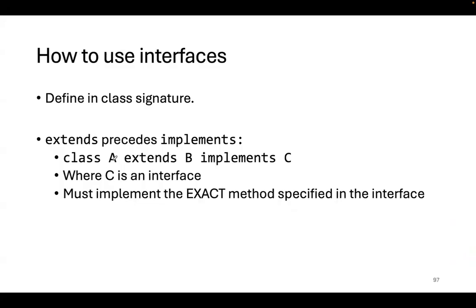Okay, talked about that. So let's say I have some configuration. I've got B and then A extends it, and then A implements some interface. I can do that. And so it says A extends B implements C, so the interface comes after. And then I have to implement the exact method that the interface says.